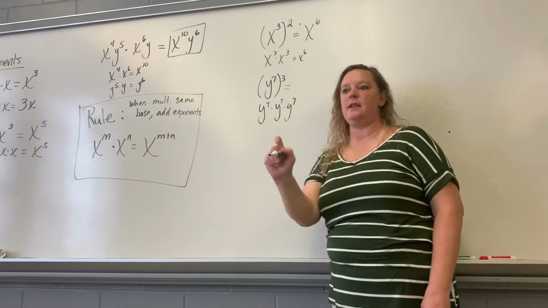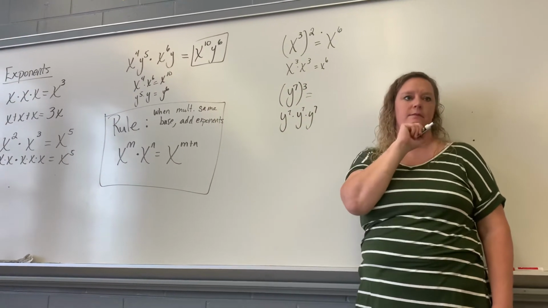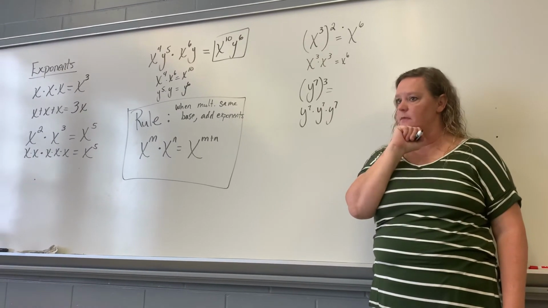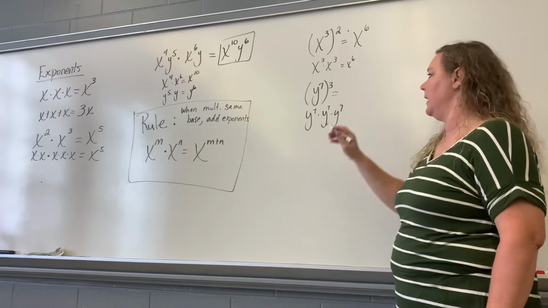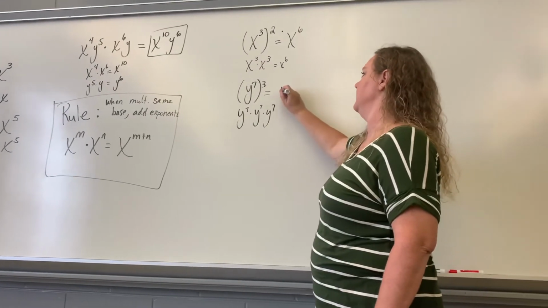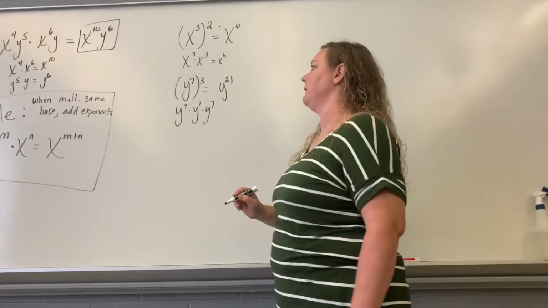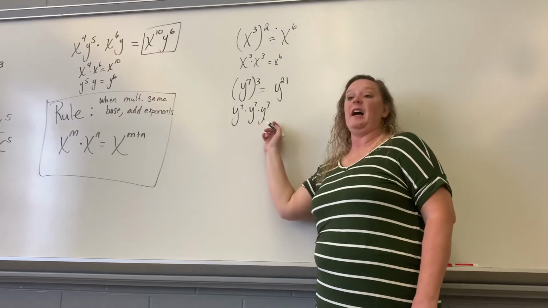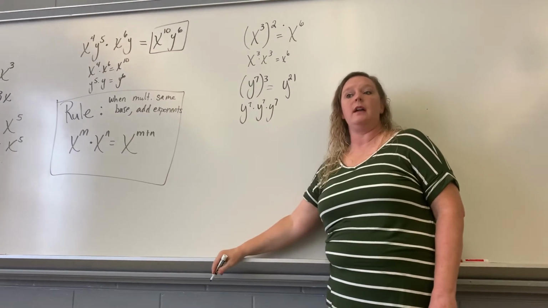So what's 7 plus 7 plus 7? 21. And what is 7 times 3? 21, right? But it'll be y to the 21, not 21. My bad. Okay.